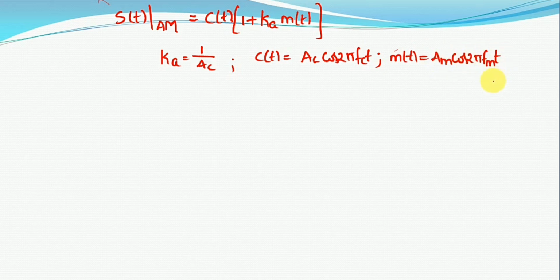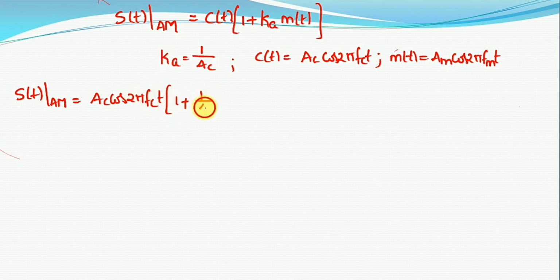Now simply substitute these values in the s of t expression. Therefore, I can write s of t of an AM signal as Ac cos 2 pi fc t into 1 plus Ka, which is 1 by Ac, and m of t is Am cos 2 pi fm t.